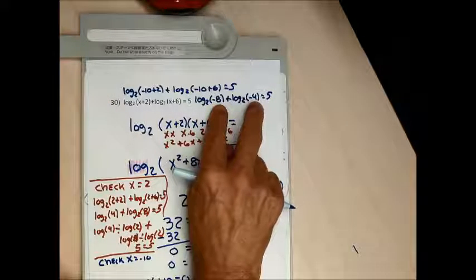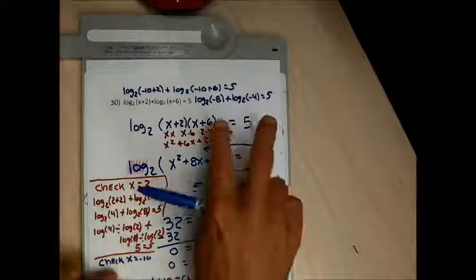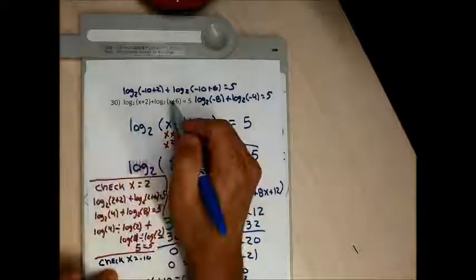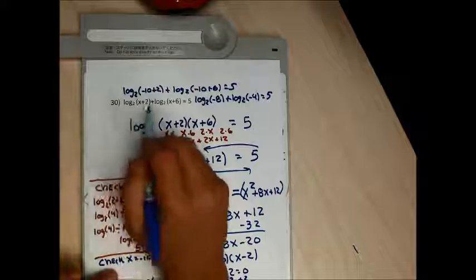Logarithms with negative numbers give you i's, just like the square root of negative numbers give you i's. The left-hand side is going to have an i, the right-hand side doesn't have an i, so it's not going to check. My calculator doesn't really know how to do logarithms with negative numbers, so it's going to give me an error message.